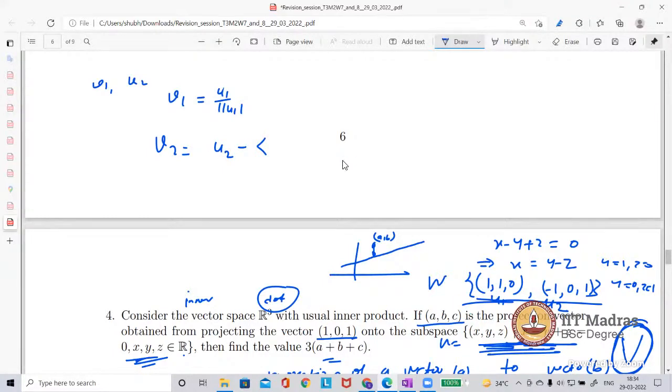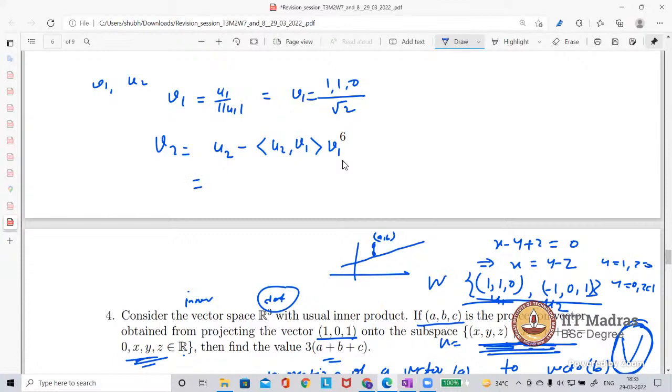So here you got 1, 1, 0 divided by its norm, which is root 2. So V1 is equal to this one.